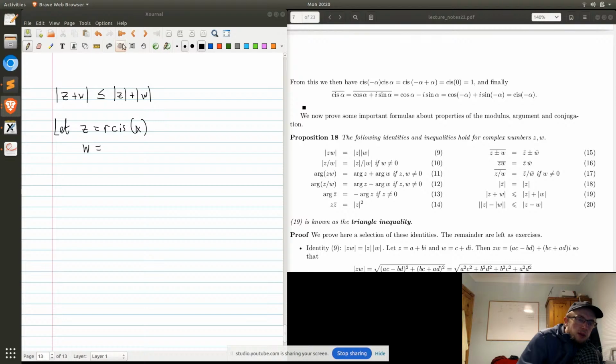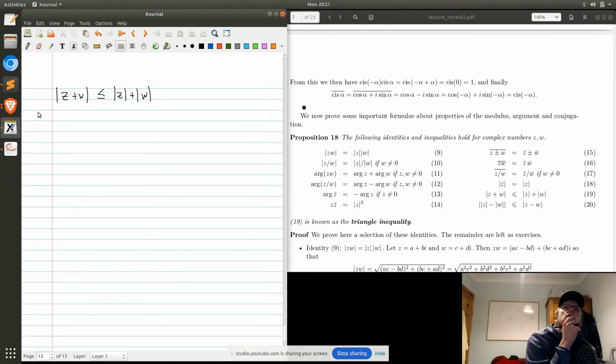Do I have to appeal to the definitions every single time? I don't think so. Like, how can I make an argument for this?